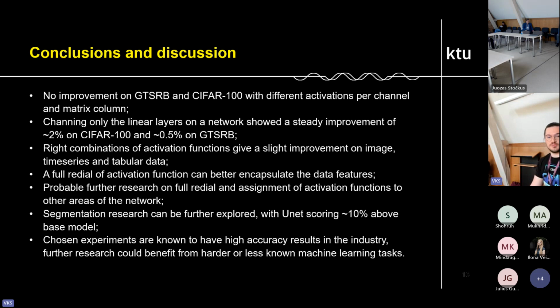But it's important to note that these tasks are already in the 90-plus accuracy range, so 2% increases could be a very big difference. Also, defining a full list can encapsulate the features a lot better. That's what we found, so that's a further research topic that is interesting. And also segmentation tasks is something that's very interesting and could be further researched.